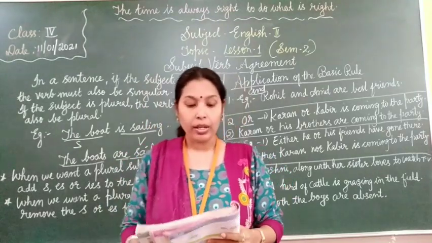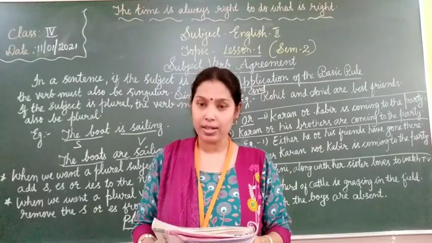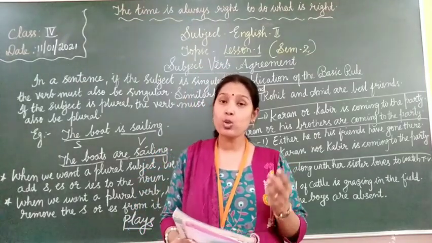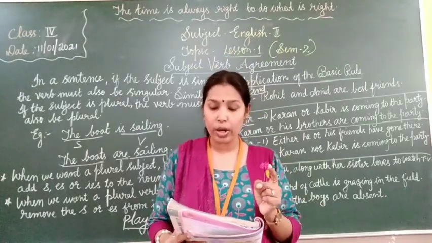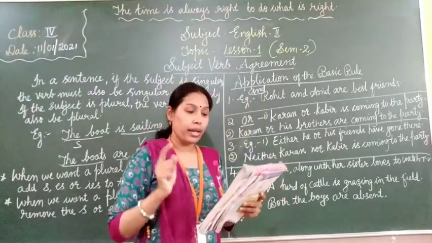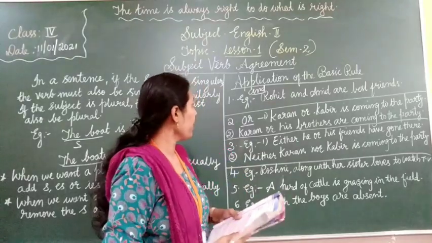First point, if there are two or more singular subjects joined by and, then the verb is plural. So, if there are two or more singular subjects joined by the word and, then the verb should be in plural. Okay, see the example.